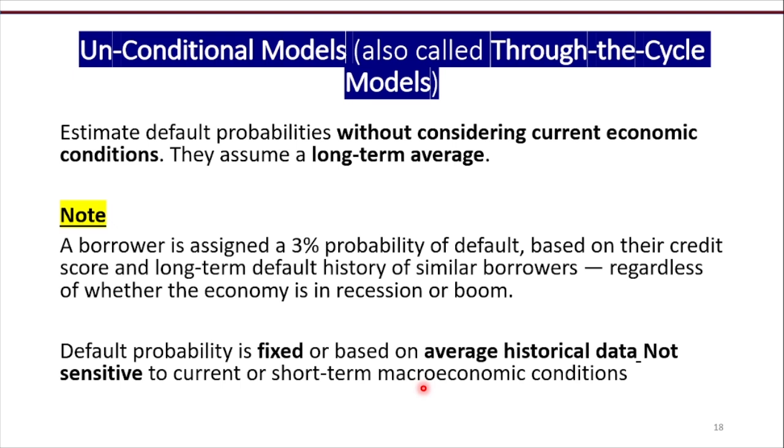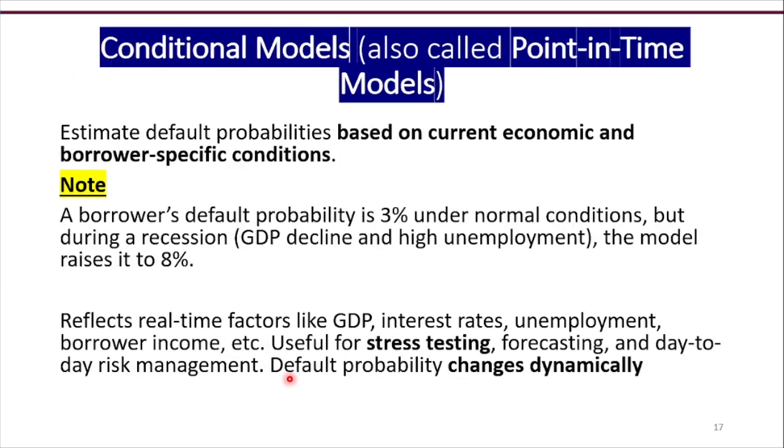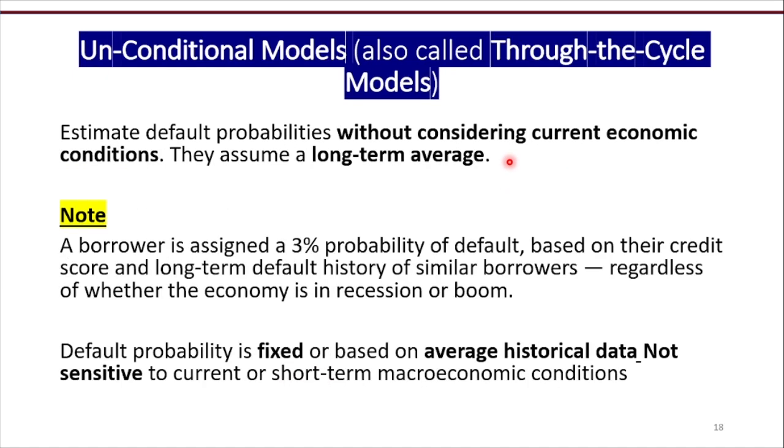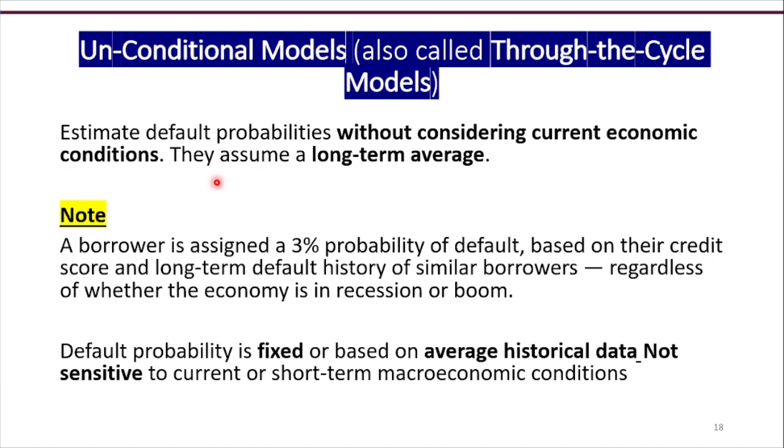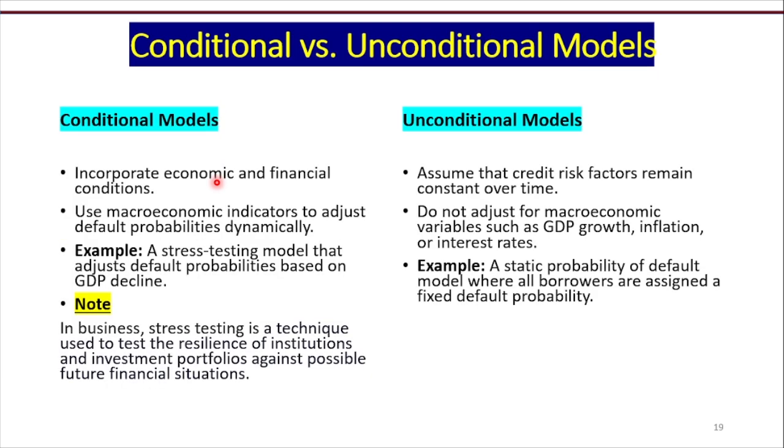Here the conditional model deals with the short-term or current economic situation, and we are talking about the long term. But the main thing to learn here is that the probability of default is going to be fixed.